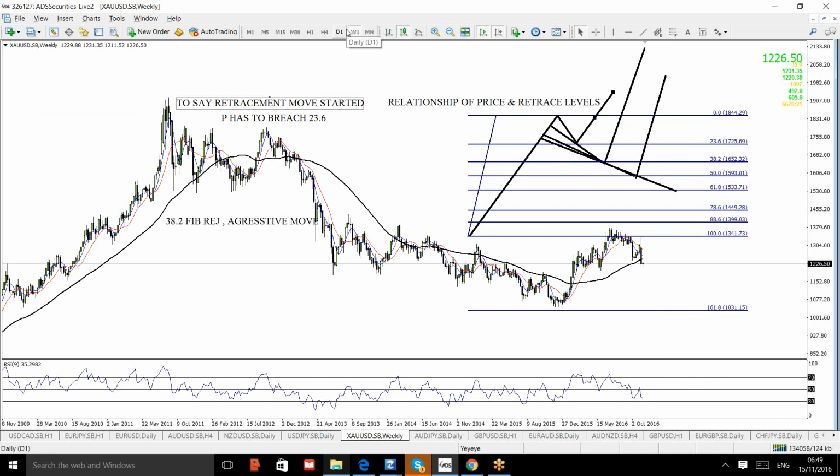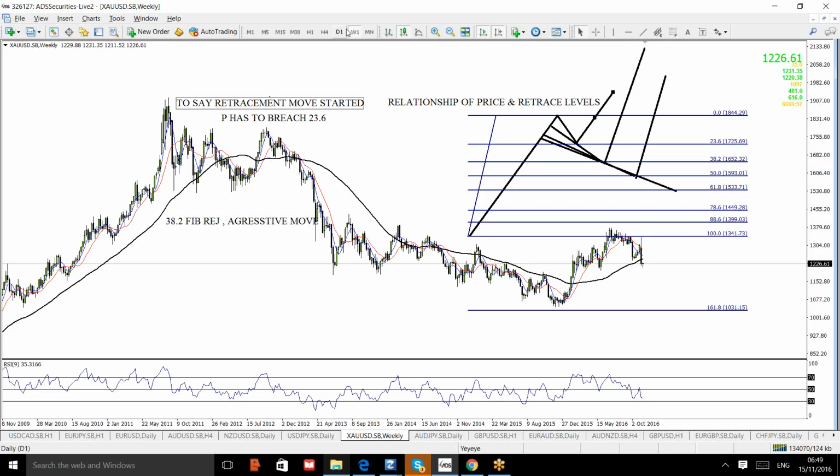Now, this is a golden ratio, guys. We call it the golden ratio. The reason is this. Remember, if the institutional traders trigger a retracement move, they want to take the profits of that move. They want to book the majority of profits of that move at the 61.8 Fibonacci level.